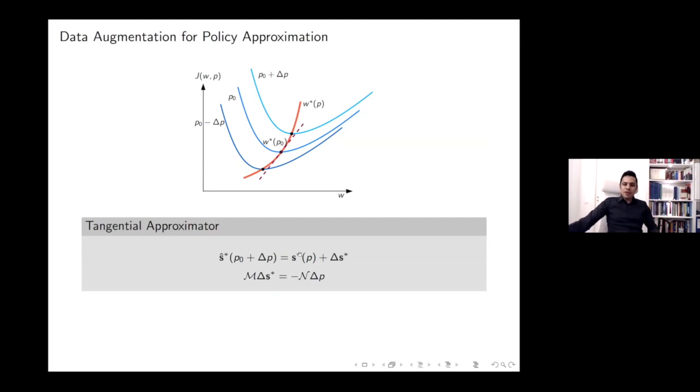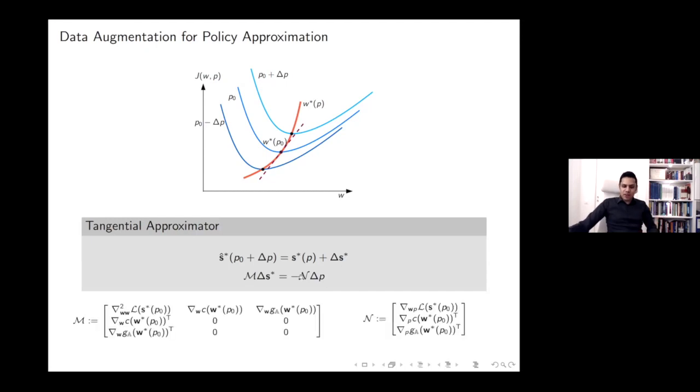updates. So if I have a solution for a given parameter value P, then if I want to find out how the solution would change for P plus delta P, then I only need to find this change for this change in the parameter, right? And I can get this change in the solution by simply solving a system of linear equations. And here we have the M and the N, which are nothing but the KKT matrices that you get from the NLP problem.